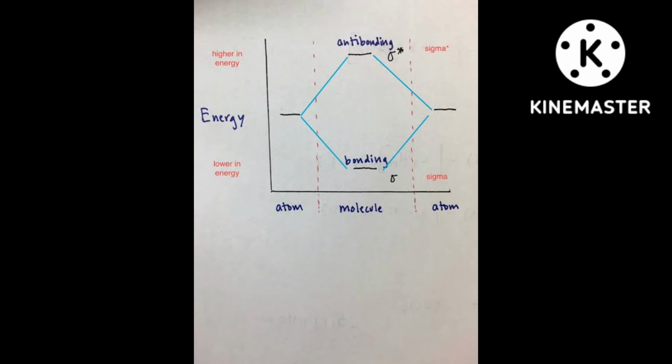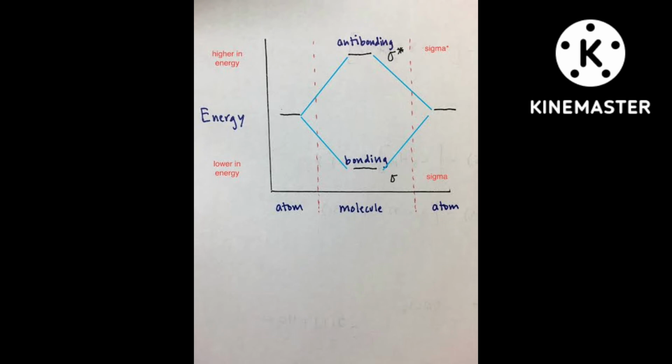Hence, in the case of the bonding orbital, their energy will be less than the parent atomic orbitals, the original atomic orbitals. After combination, both will have less energy.